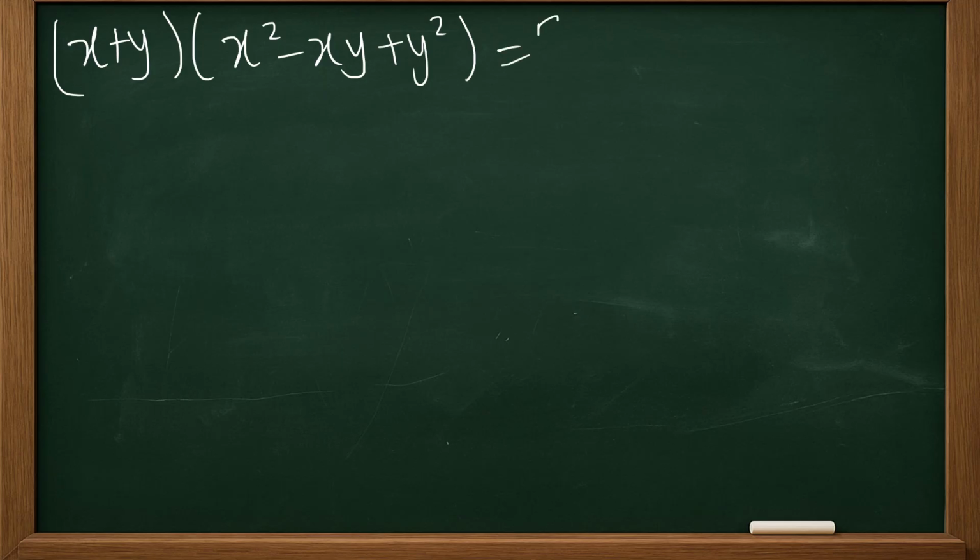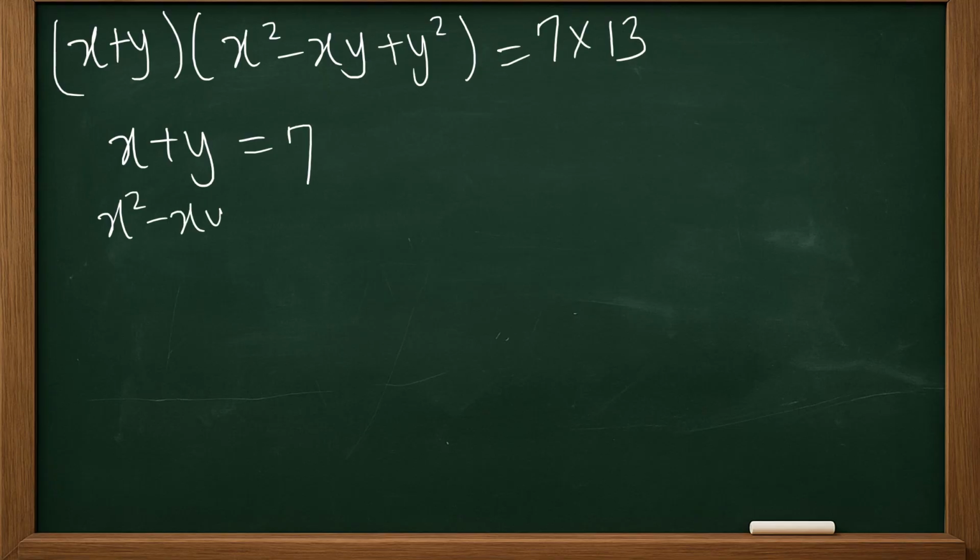So 91 has been split as 7 times 13. So from here, it's obvious that x plus y equals 7, and also x squared minus xy plus y squared equals 13. This is going to be my equation 1, and this is going to be my equation 2.